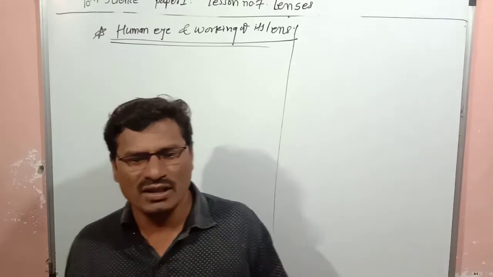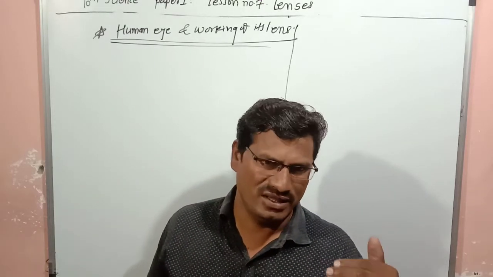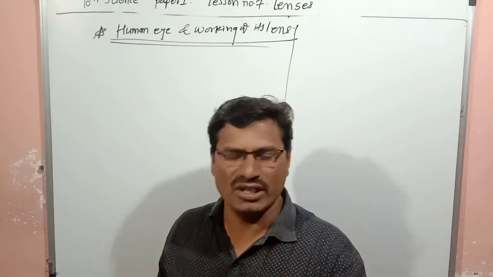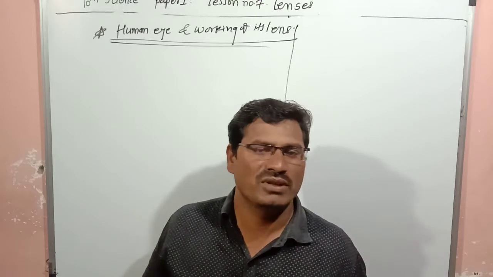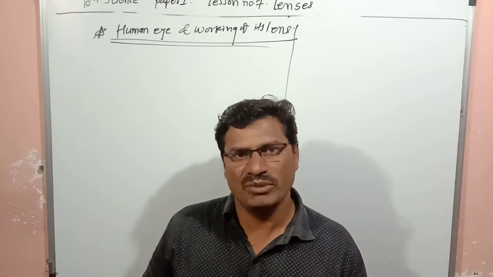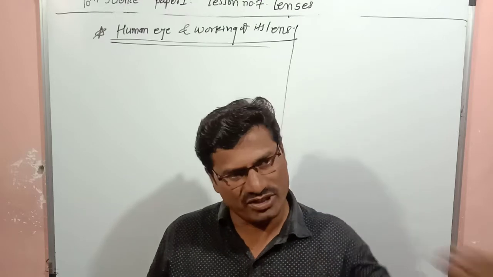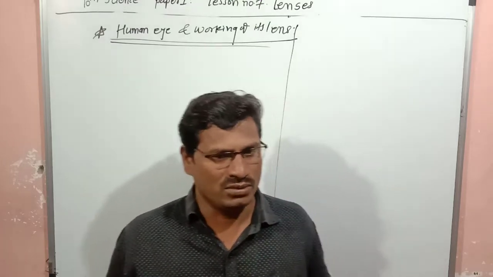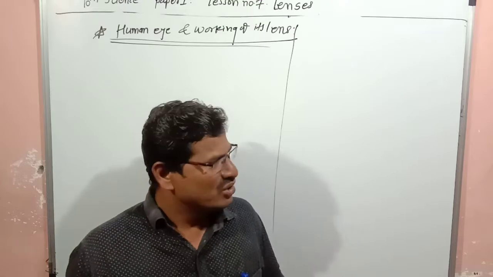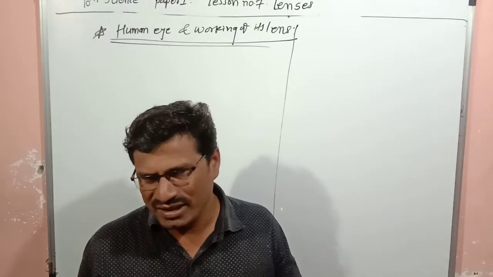Another thing: the lens creates a real and inverted, upside down image. These are the points related to the lens.